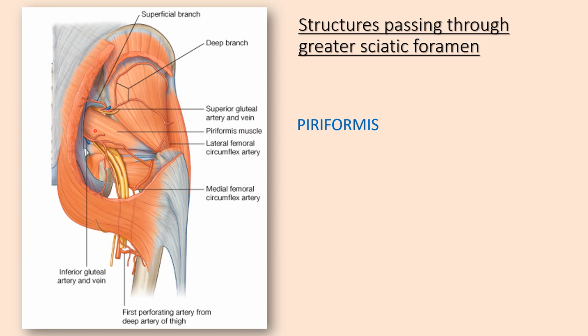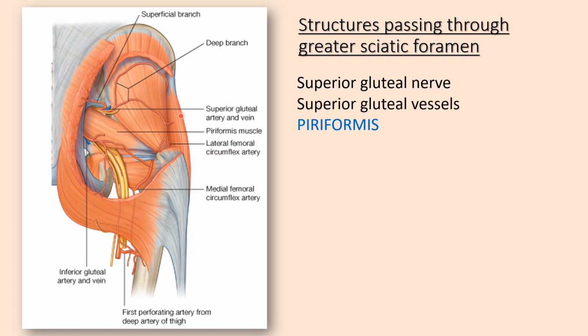Piriformis, it is here. Above the piriformis, the superior gluteal nerve, which is sandwiched between gluteus medius and gluteus minimus. It supplies both of these and also tensor fasciae latae. Superior gluteal vessels, which are along with the superior gluteal nerve.